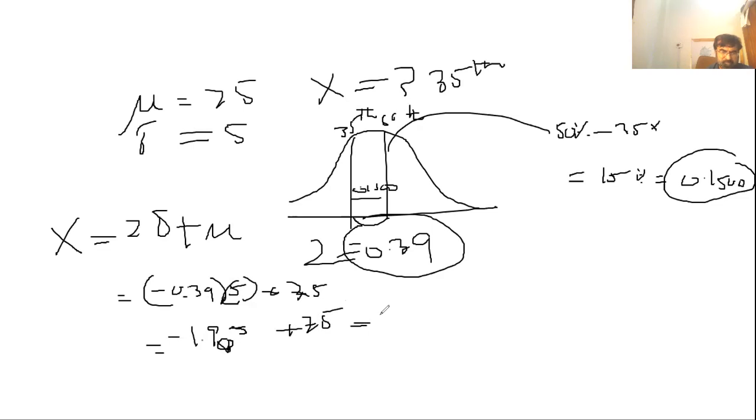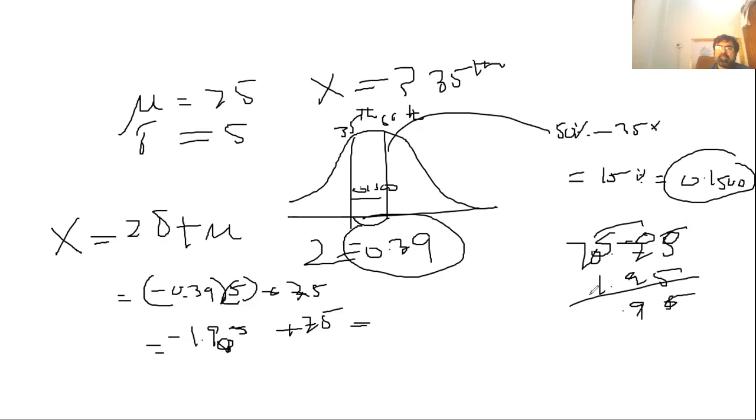And when you subtract 1.95 from 75, that will become 73.05.